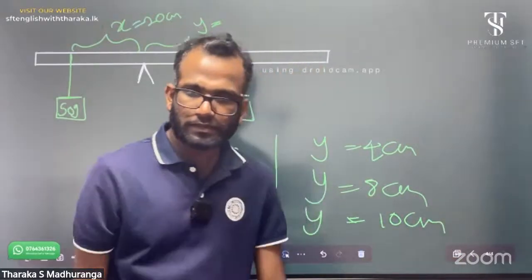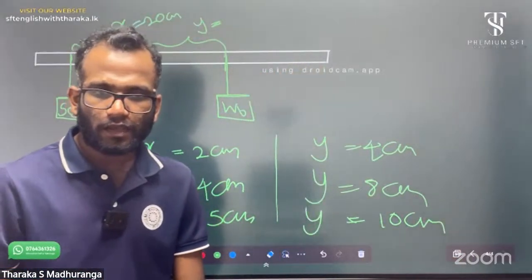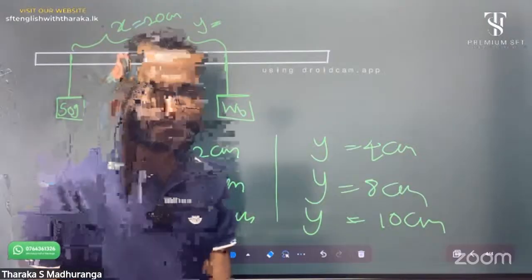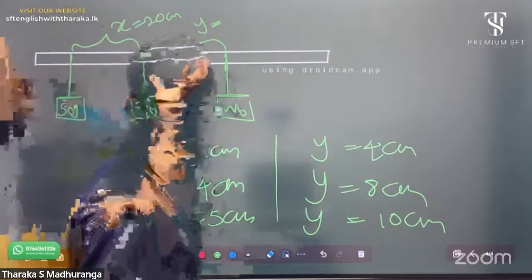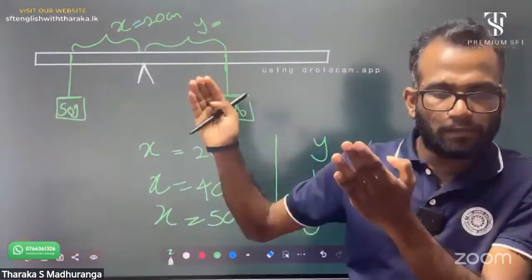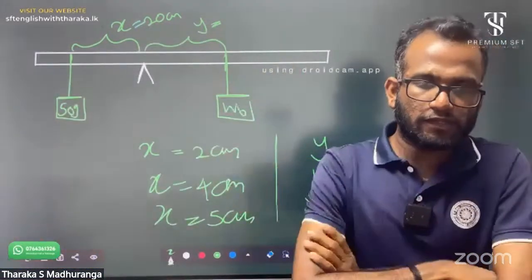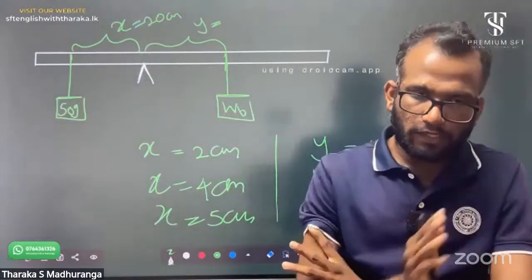Are you clear? Change x and balance the unknown mass. Then get x and y, the known mass distance and unknown mass distance, as the x and y measurements. Are you clear?